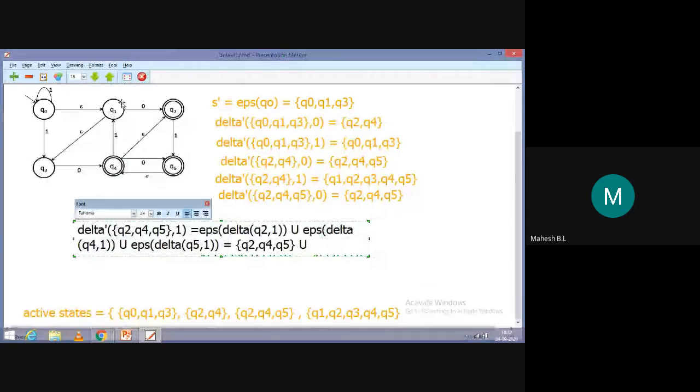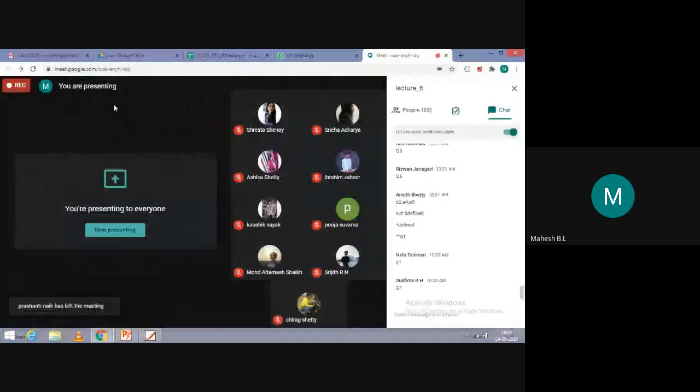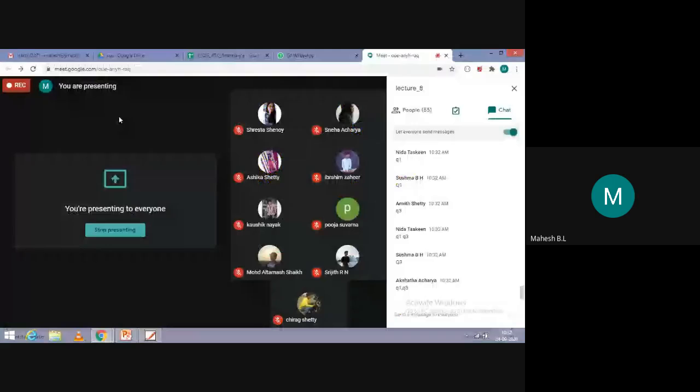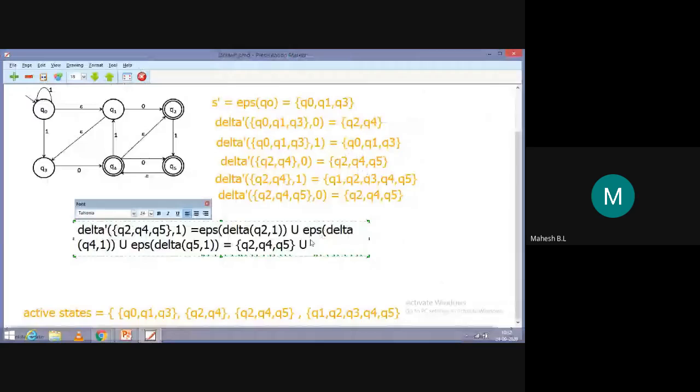So delta of Q4, 1 is Q1. What is epsilon of Q1? It is Q1, Q3. So in the union, you have Q1, Q3.